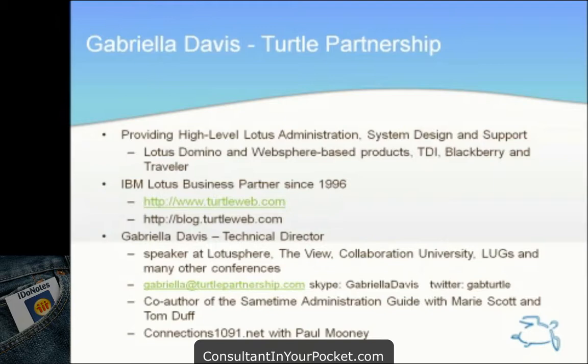I speak at conferences when I'm invited, and I've spoken at Lotus Traveler, and Cloud University, places like that. I was co-author of the Sametime Administration Guide for Sametime 8.5.2 with Marie Scott and Tom Duff, and I'm currently writing Connections101.net with Paul, which is our introduction for people that are new to Connections, new to WebSphere, new to all those technologies. We're trying to do a training site to introduce you to all those components and how to build your first Connections environment.